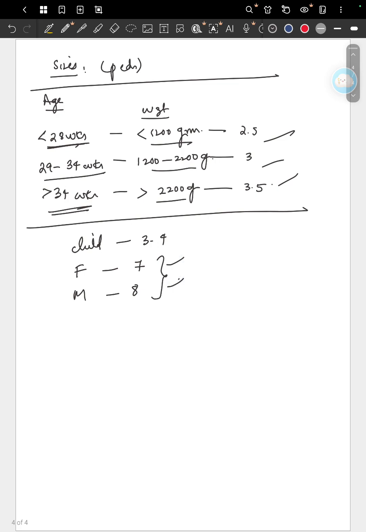Then coming to a few formulas, we have a few important formulas here as well. In order to check the ET tube size, usually uncuffed, we'll be using this formula: 4 plus age by 4.